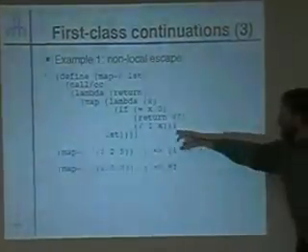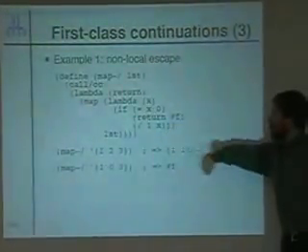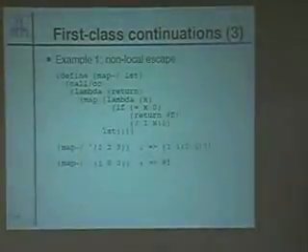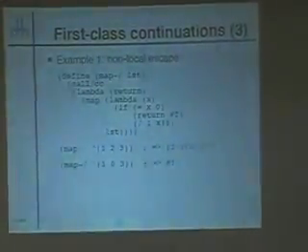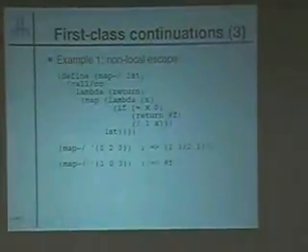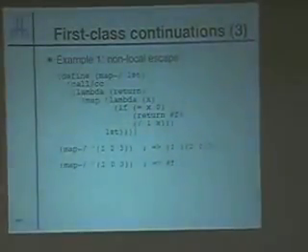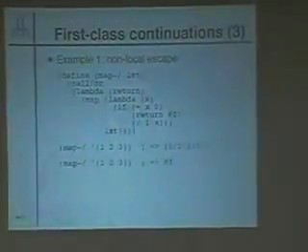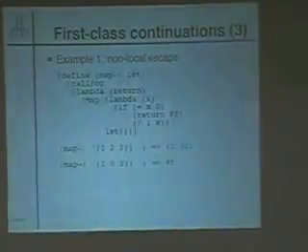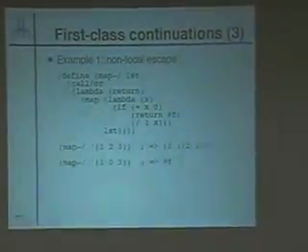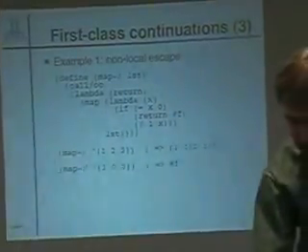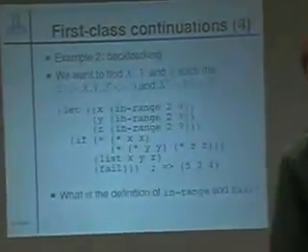Otherwise, it does the division, and if there's no 0, then the list is returned. So this is the simple example of what you can do with continuations, non-local escape, and longjmp can do exactly the same thing. So it's not necessarily an improvement in that respect.